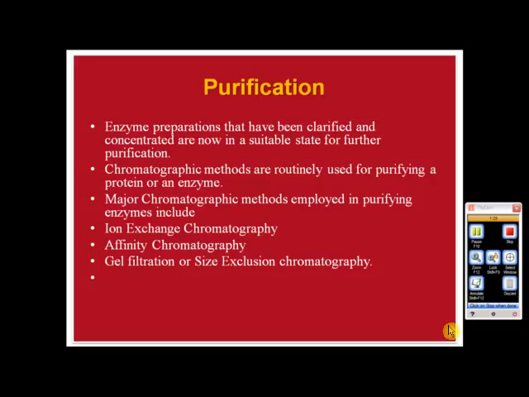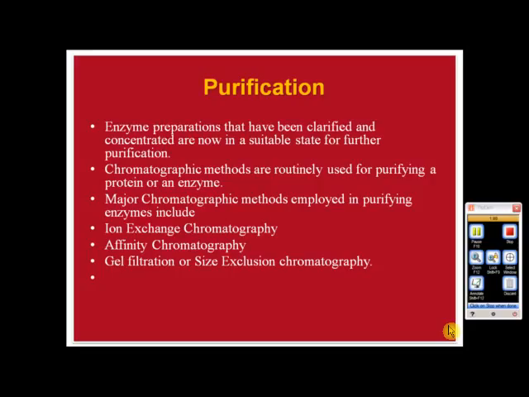For that, we first need an enzyme preparation that has been clarified and concentrated. Clarified means the contaminating cell debris has been removed, and the preparation is concentrated and in a suitable state for further purification.